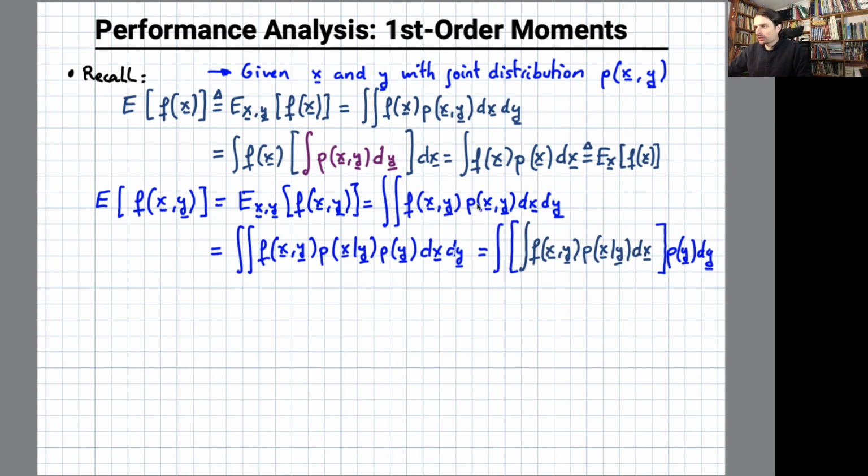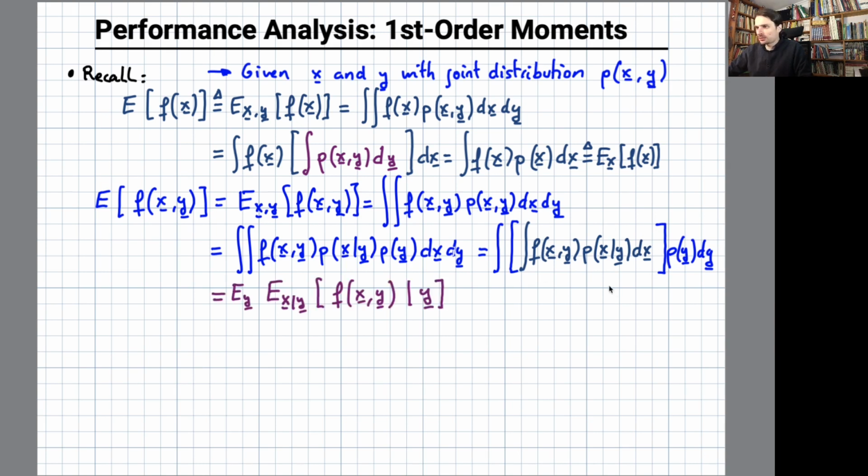What we can do here is to write this joint PDF as the product of this conditional PDF and this marginal PDF. Okay, and again, rearranging terms, we have to integrate this inner integral times p of y.